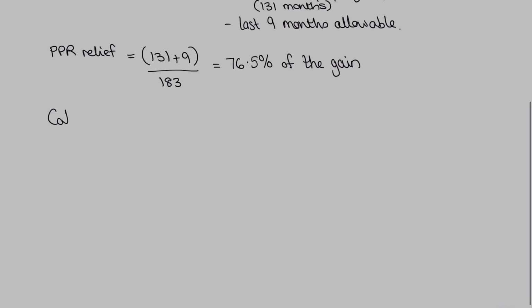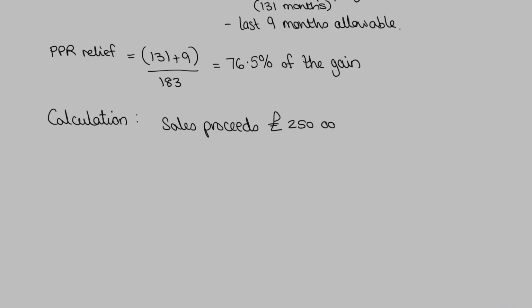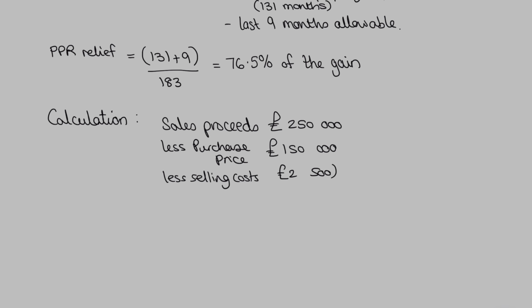Now, let us move on to our actual calculation. As you may have seen in the video on calculating your normal capital gains tax, we start in very much the same way, and we take our sales proceeds, which were the $250,000, and take off the purchase price of 150,000. We also now take off our selling costs, and we take off our purchase costs as well.